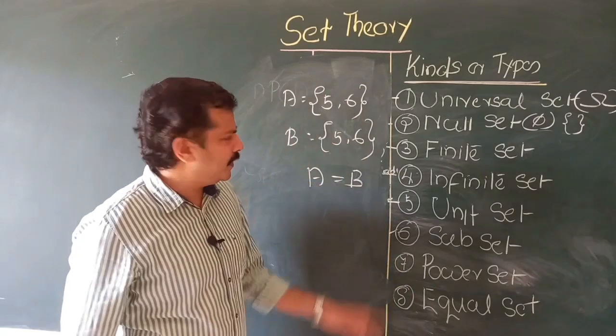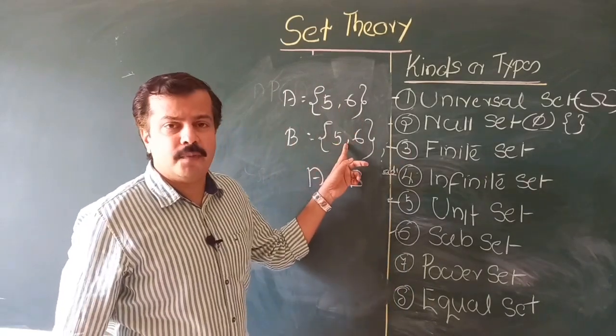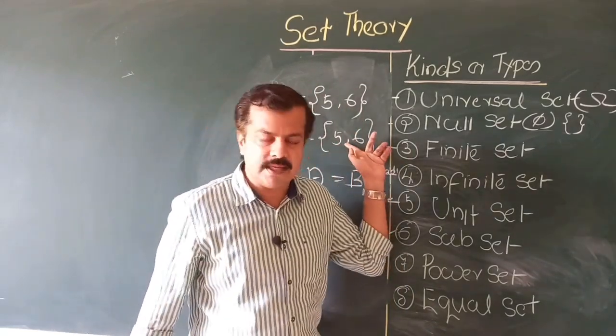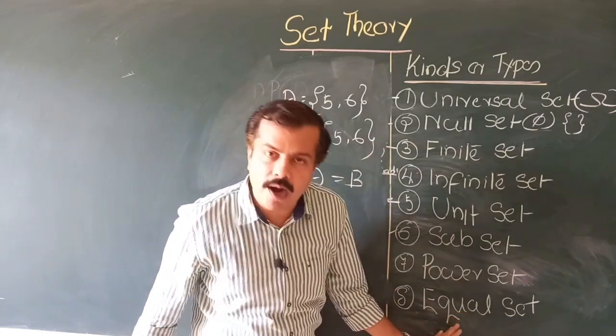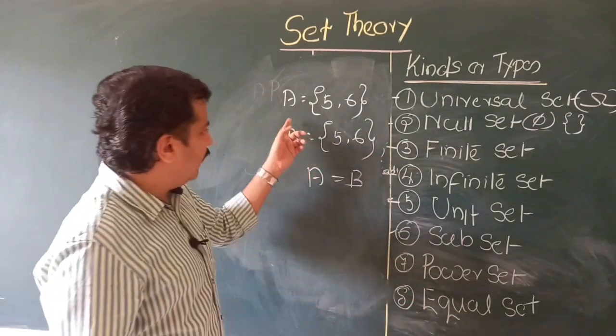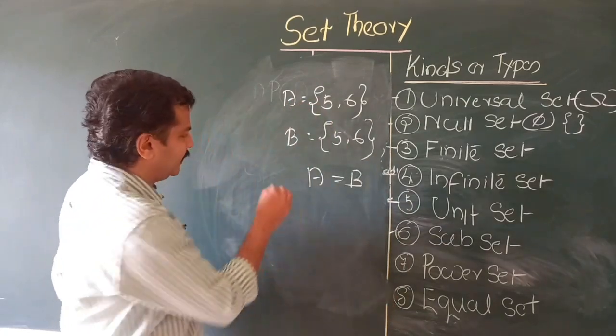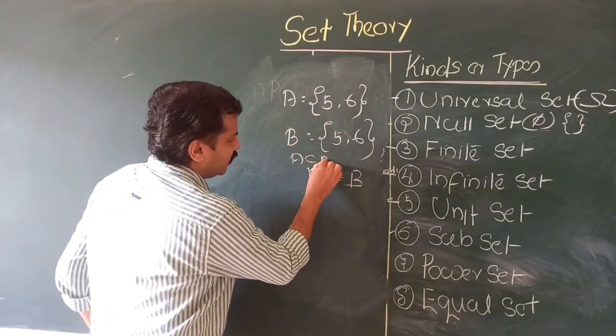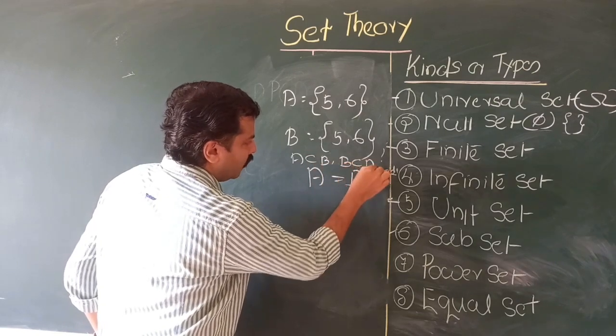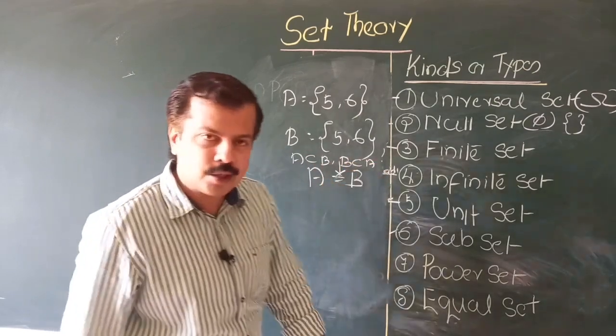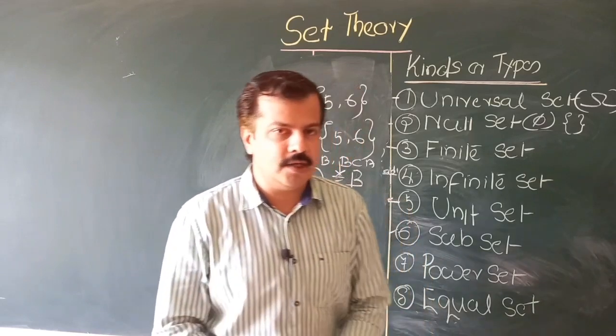That means the elements of both sets are exactly the same. We call it equality of sets, where A is a subset of B and B is a subset of A. So like this, when A is a subset of B and B is a subset of A, they are equal. We call it equality of sets.